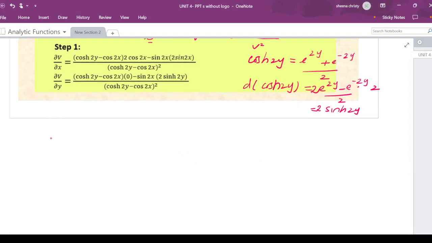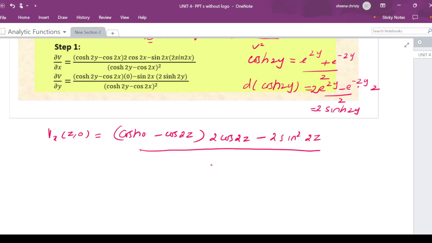So here, by putting x equal to z and y equal to 0, Vx of z comma 0, you will get it as cos hyperbolic 0 minus cos 2z into 2 cos 2z minus 2 sin square 2z, the whole thing divided by cos hyperbolic 0 minus cos 2z the whole square.